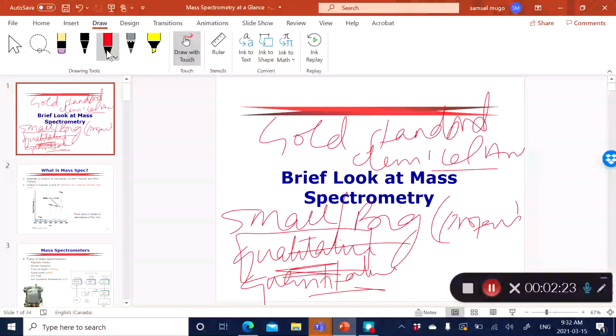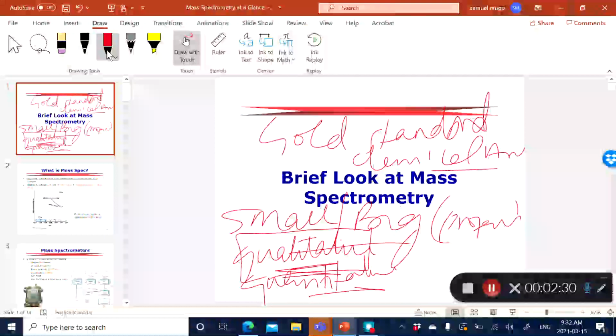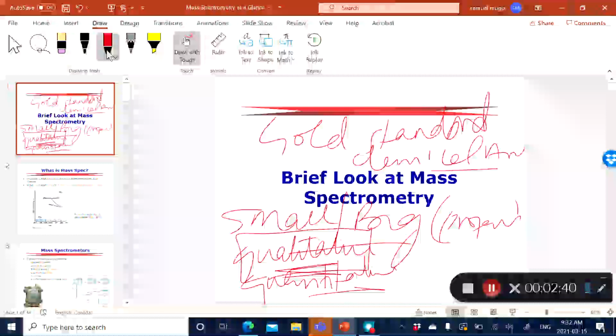Now, the reason I'm calling it mass spectrometry at a glance is because it's a very, very wide and vast analytical technique. Even if you had possibly a whole course of mass spectrometry, possibly you wouldn't be able to cover the vastness of mass spectrometry.